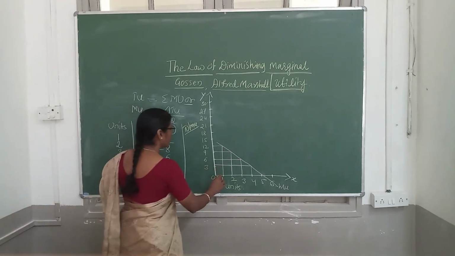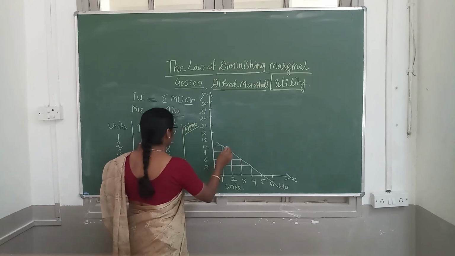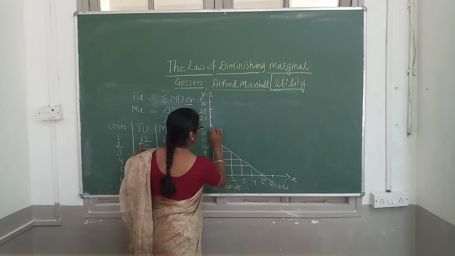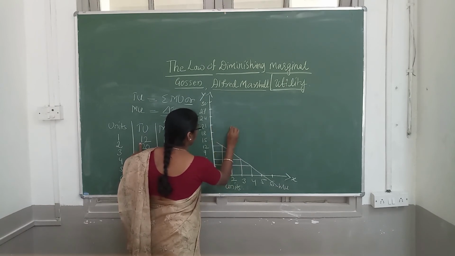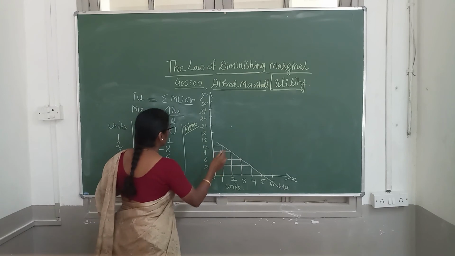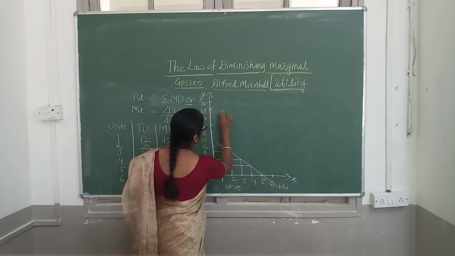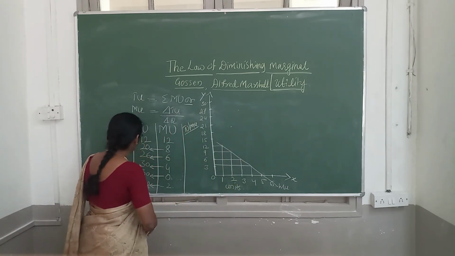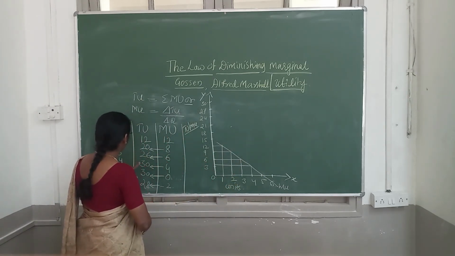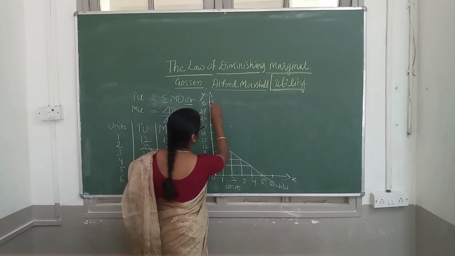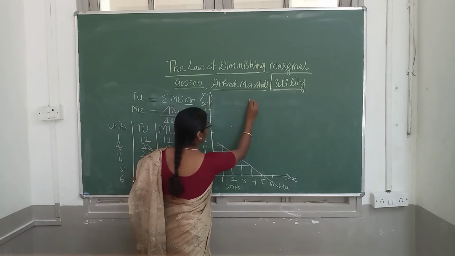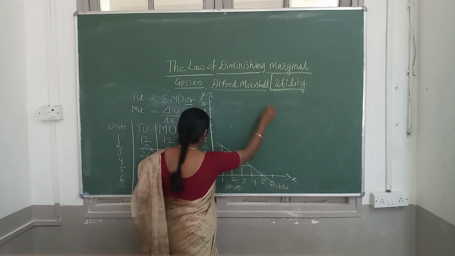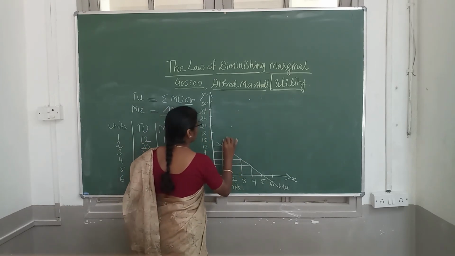We'll come to the next one. Total utility: 12. Then second one 20. Third one 26. Fourth 30. And fifth also 30. And declining.